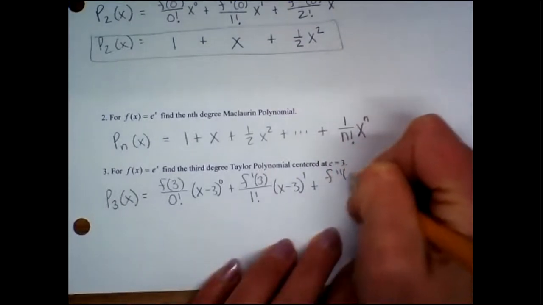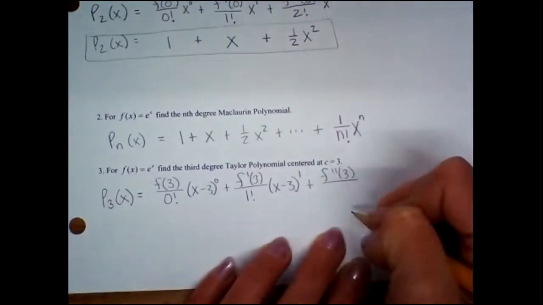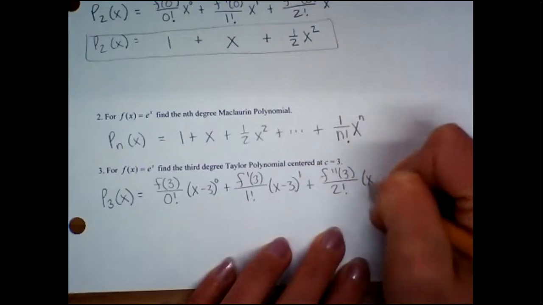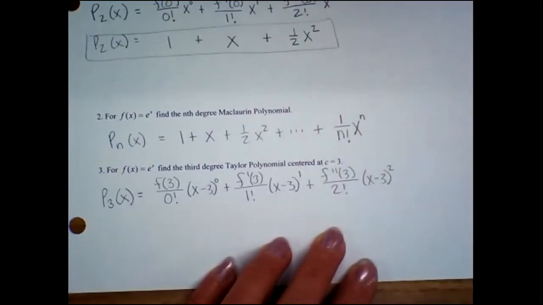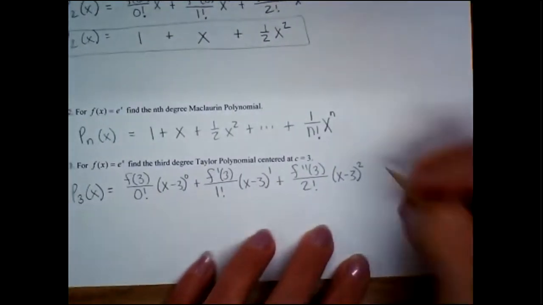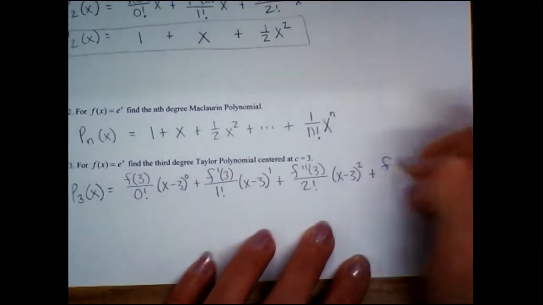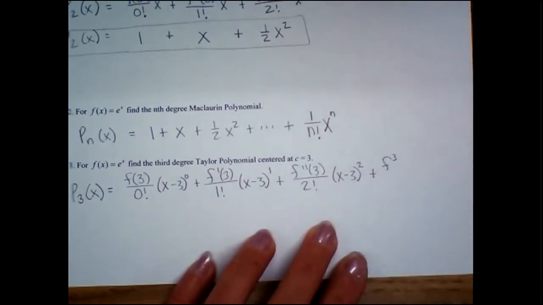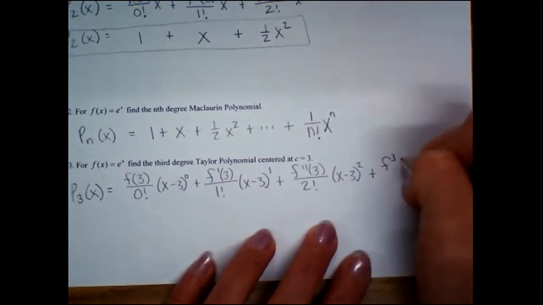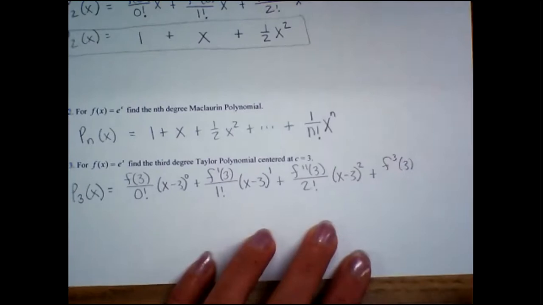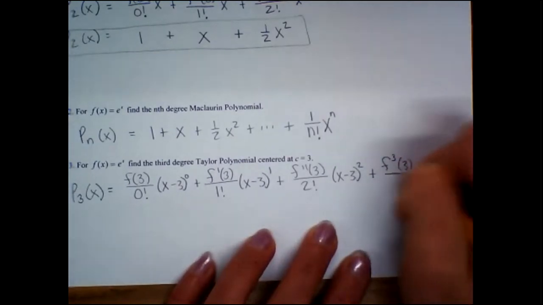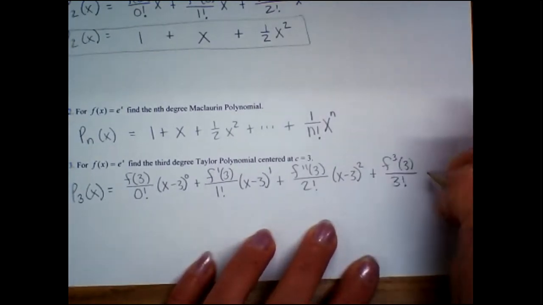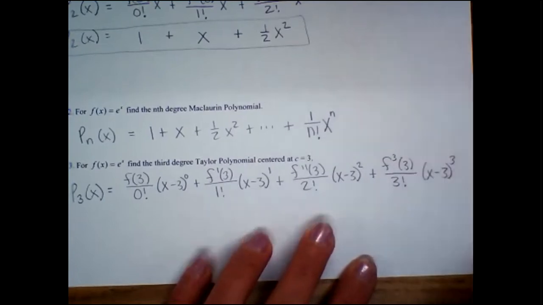And then it would be the second derivative at 3 over 2 factorial x minus 3 to the second. And then this one's going to have all the 3's in it. Now, once I get past the second derivative, once I get to the third derivative, I'll just put a little 3 there. That's generally the notation you'll see. So the third derivative at 3 over 3 factorial x minus 3 to the third.